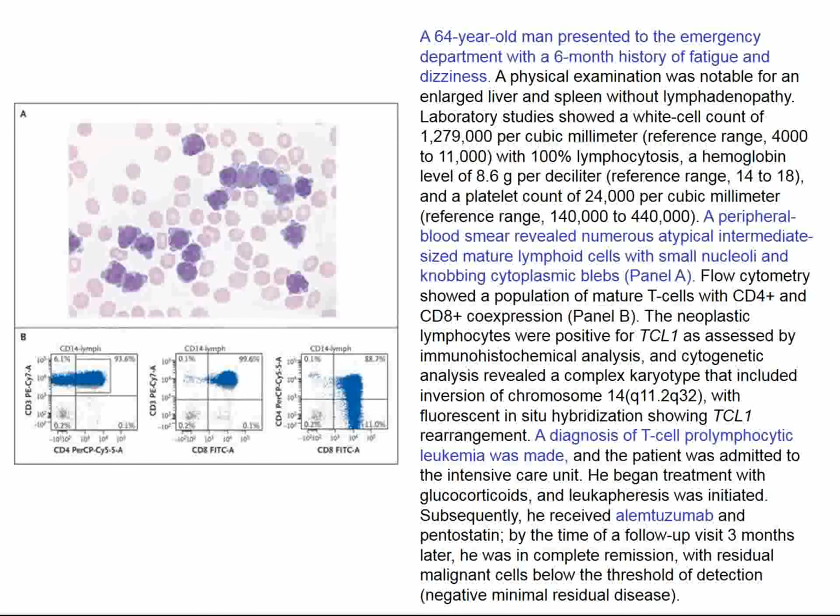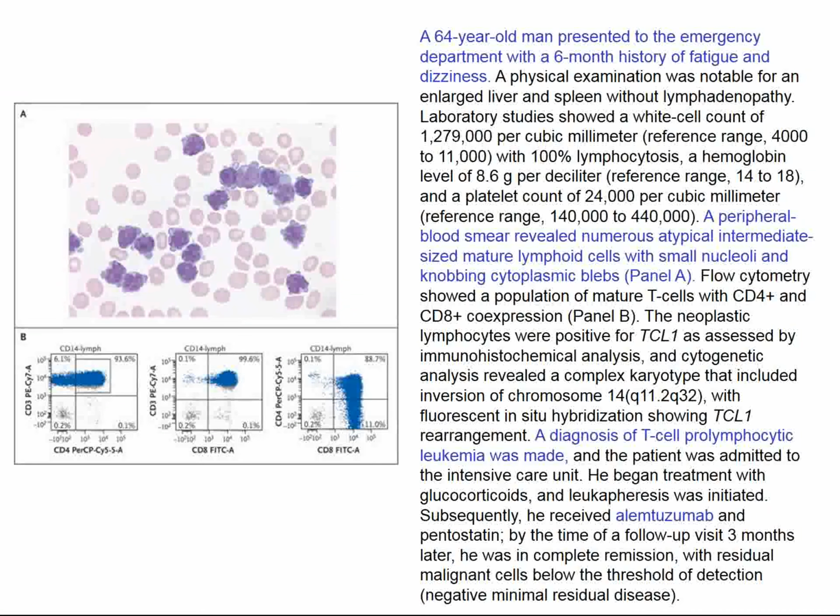Then this little case report, the 64-year-old person shows up in an emergency room because he's tired and dizzy. Looks like he's anemic. Somebody did a peripheral smear. And these are obviously lymphocytes, and they have these peculiar blebs on their surface. I've never seen anything like this either.